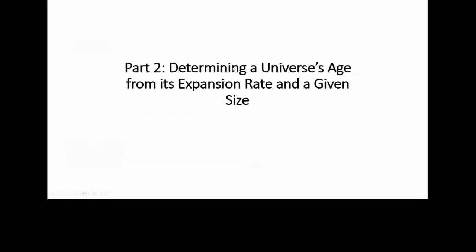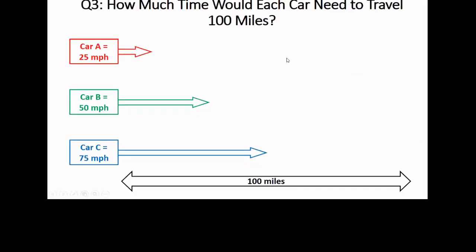That was one way that we could evaluate a Hubble plot. The second way is to use it to determine a universe's age from its expansion rate and a given size. Question 3. How much time would each car need to travel 100 miles? Car A, B, and C each have the same speed that they had in the first example.